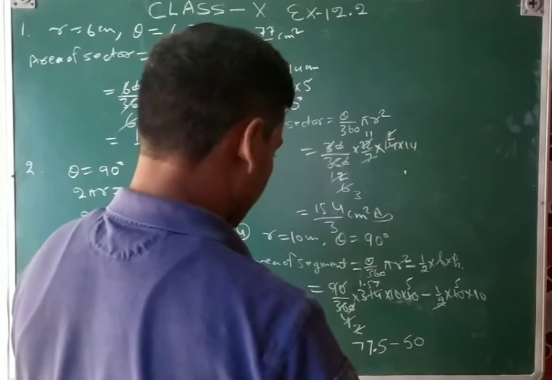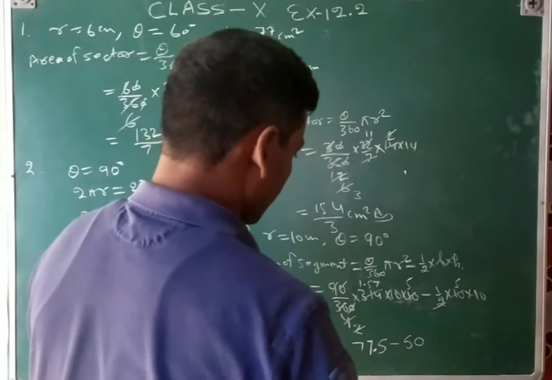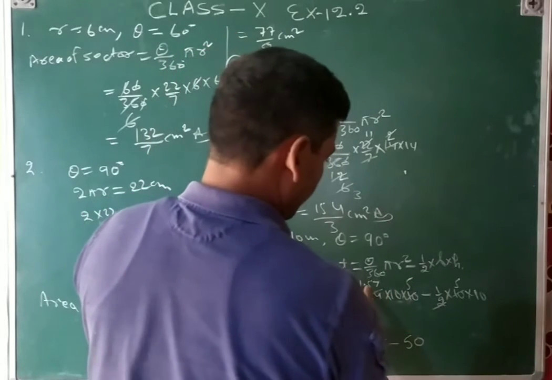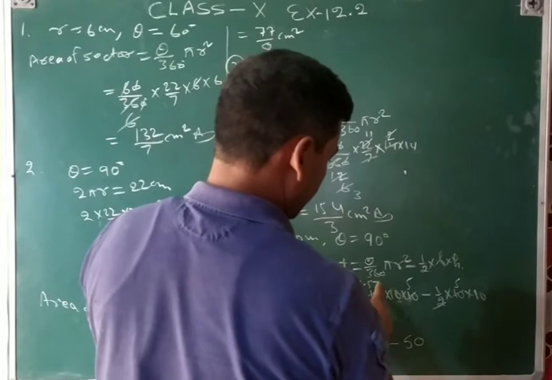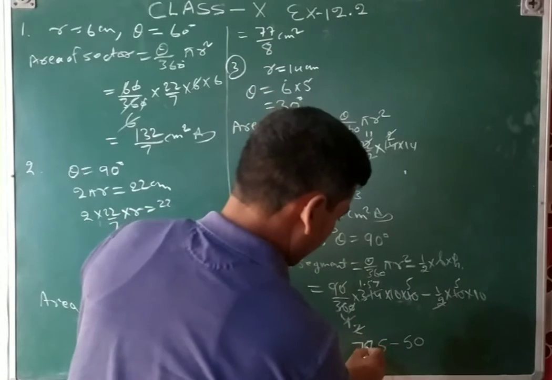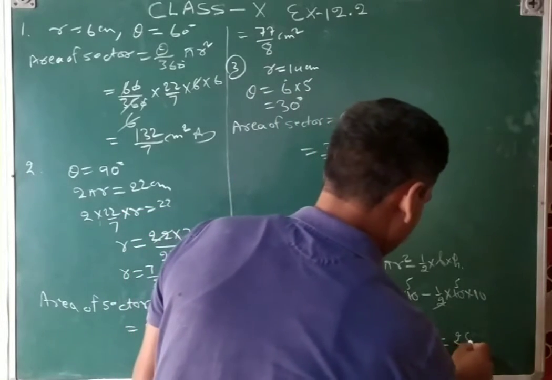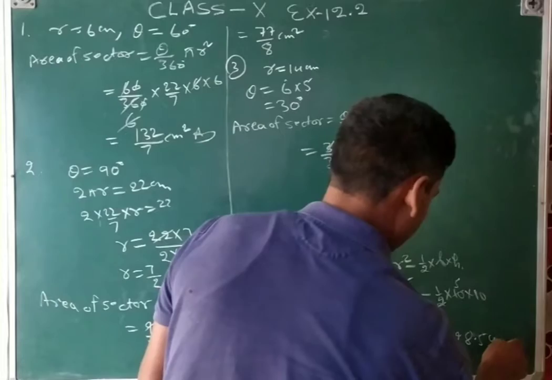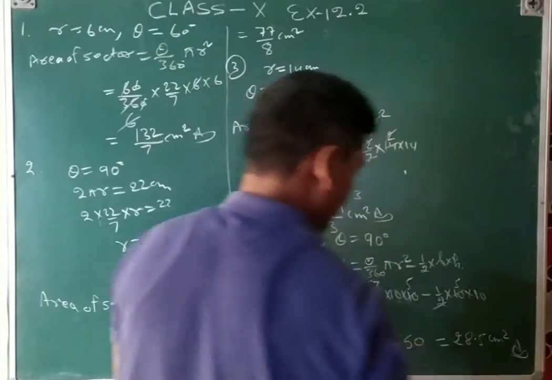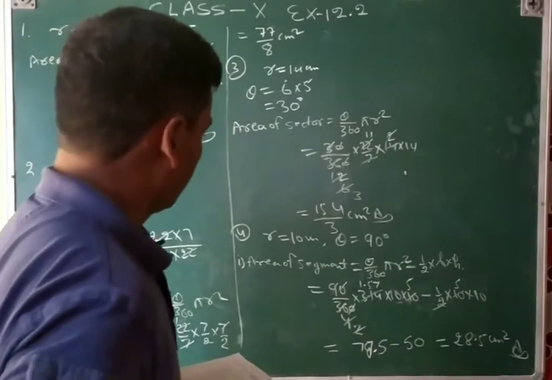By subtraction of that, the answer will become 28.5 centimeter square.